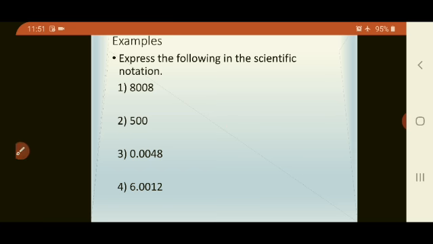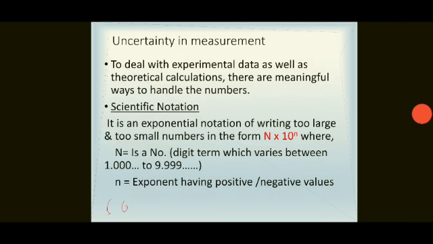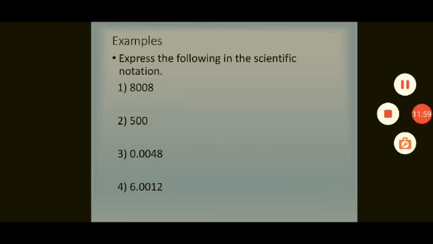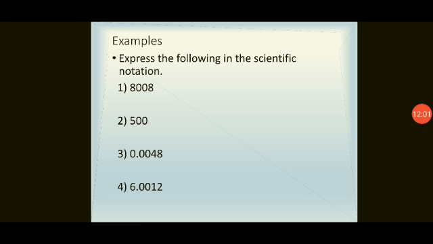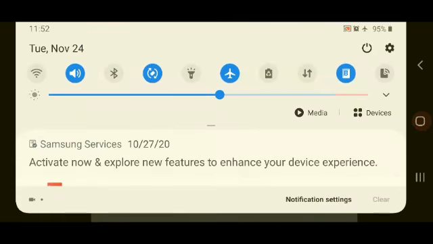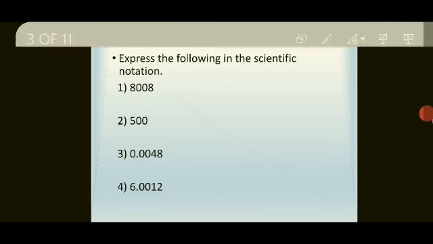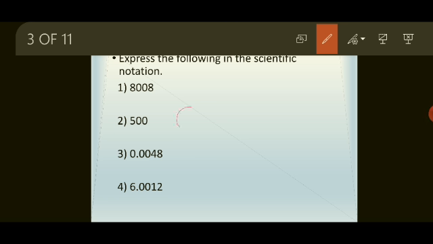Now the next one, 6.0012. If you observe this number, where is the decimal point?